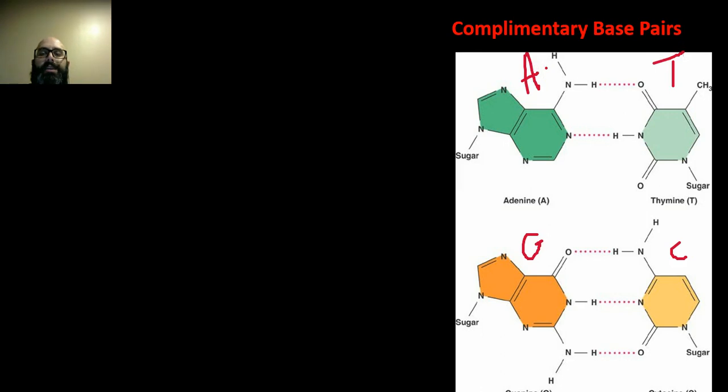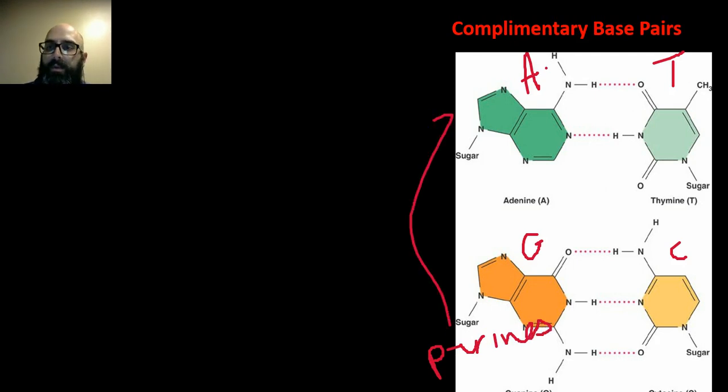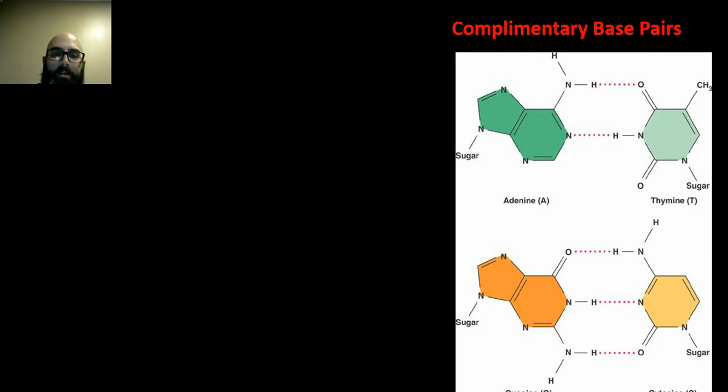Even though these two are the purines on this side and these are the pyrimidines on this side, and they have different ring structures, one ring here, two rings here, there is a commonality between them. That commonality is the number of hydrogen bonds.